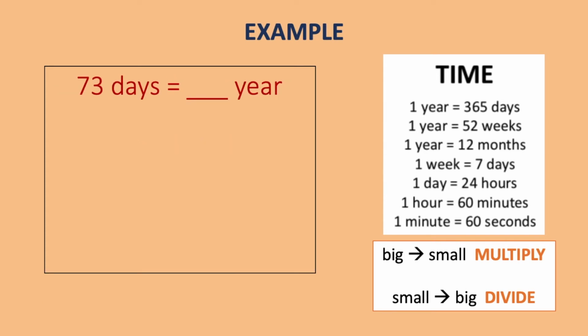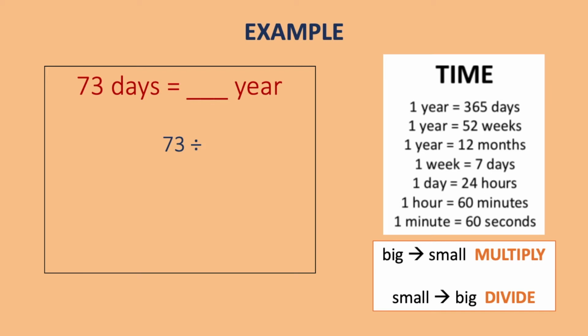Now we're going to figure out what portion of a year is 73 days. So we're going from 73 days to years. We're going to start off with the 73, and we're going from days to years, which is a small unit of measurement to a big unit of measurement. That means we're going to divide by the conversion factor.